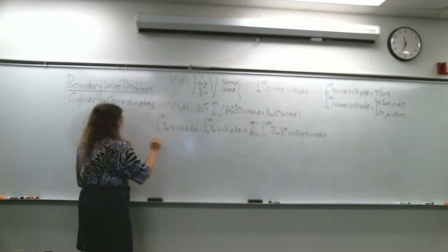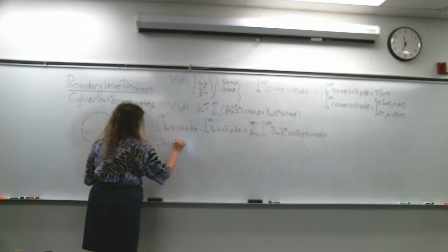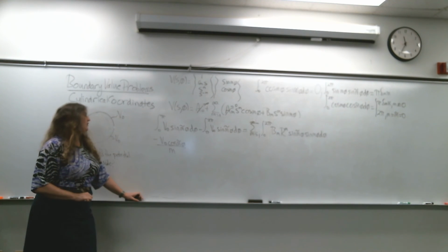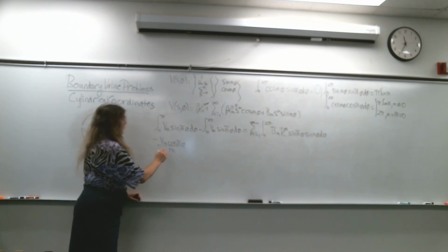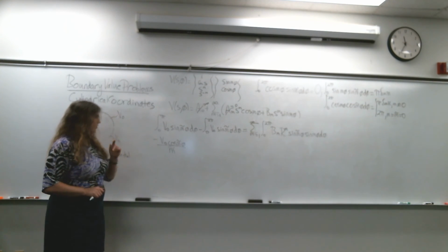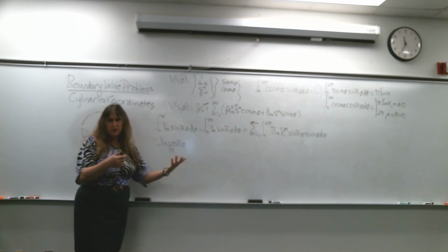And when I do the math here, I'll get minus V naught cosine n tilde phi over n tilde. And actually, I think the previous line, I think I called it minus, but it matters not. The signs are going to vanish anyway.